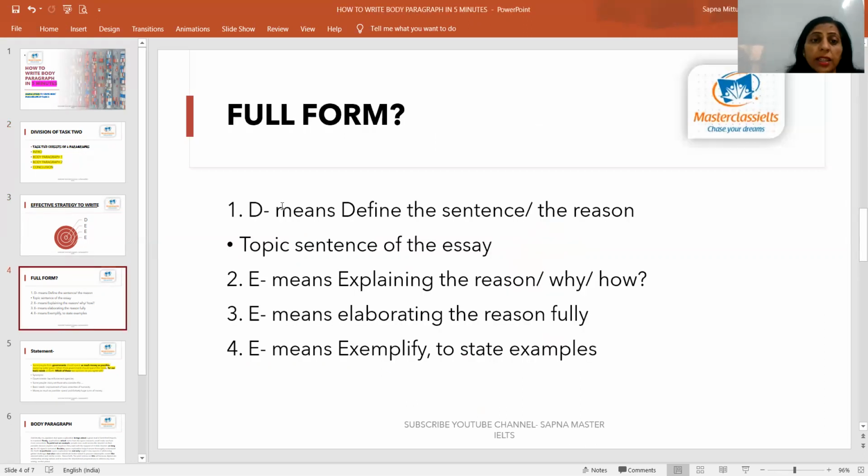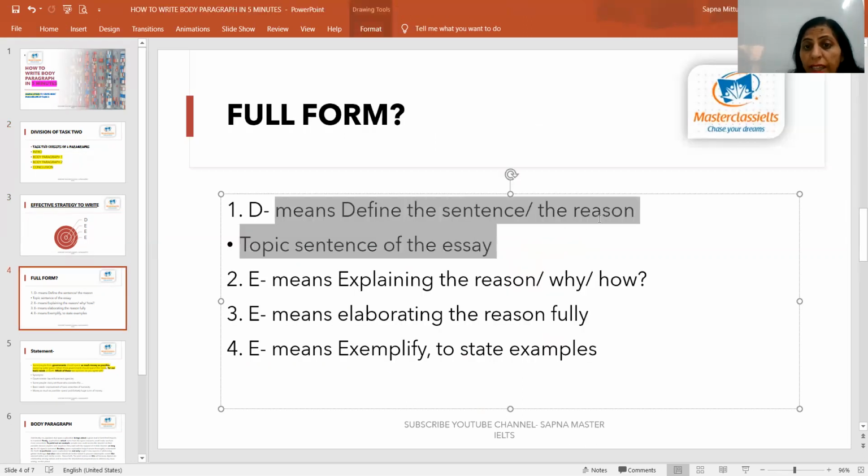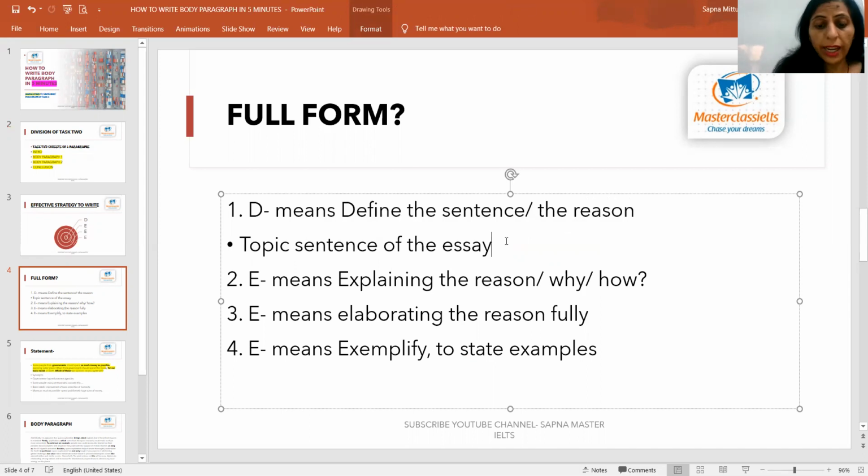The D means defining the reason, defining the sentence, or the topic sentence of the essay. When you are talking about the body paragraph, the first line is the main idea. If the examiner wants to know what you're going to write in the whole paragraph, he will come to know about it from the first line.